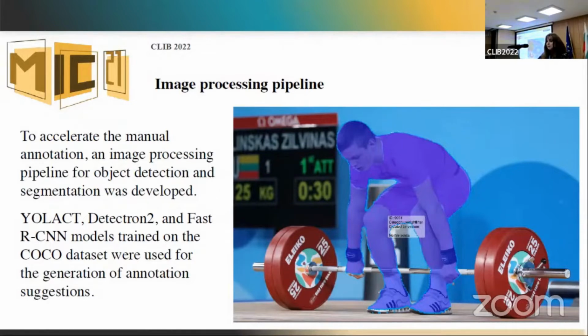For this purpose, we use available frameworks such as Detectron tool and Fast RCNN models, and we trained them on the COCO dataset, which were used for the generation of the annotation suggestions.